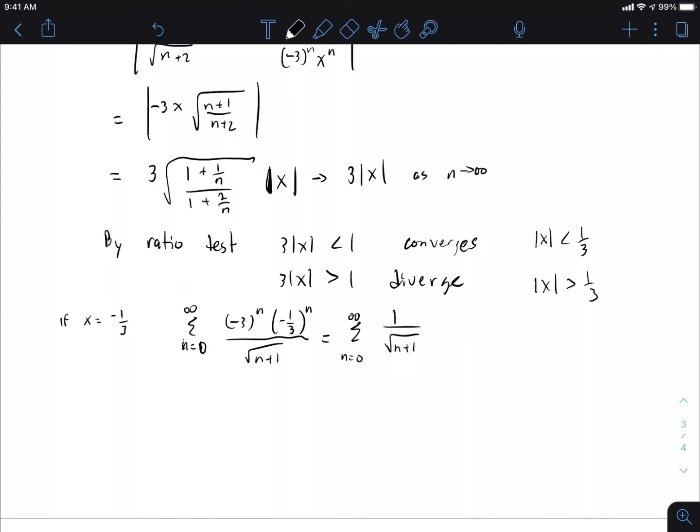So you can see I'm doing a comparison to something that we already know. And this is 1 over root of 1 plus 1 over root of 2 plus 1 over root of 3 plus 1 over root of 4. And we know that this is going to continue, and this implies it's going to diverge. So it diverges at negative 1/3, right? Which is pretty sweet that we were able to figure that out.